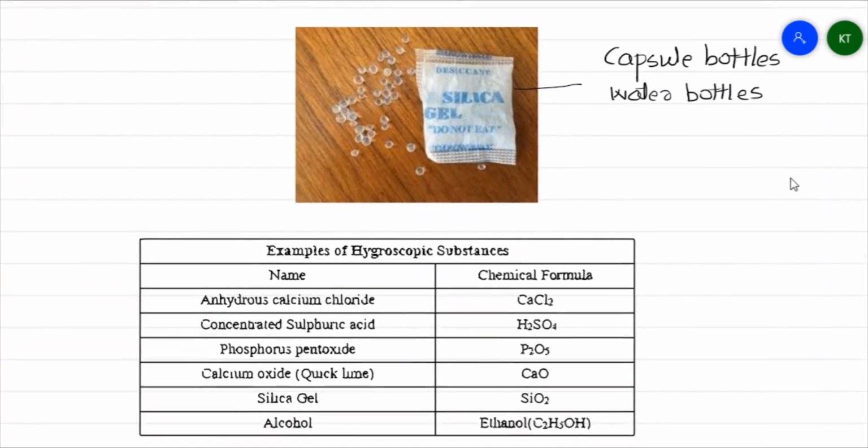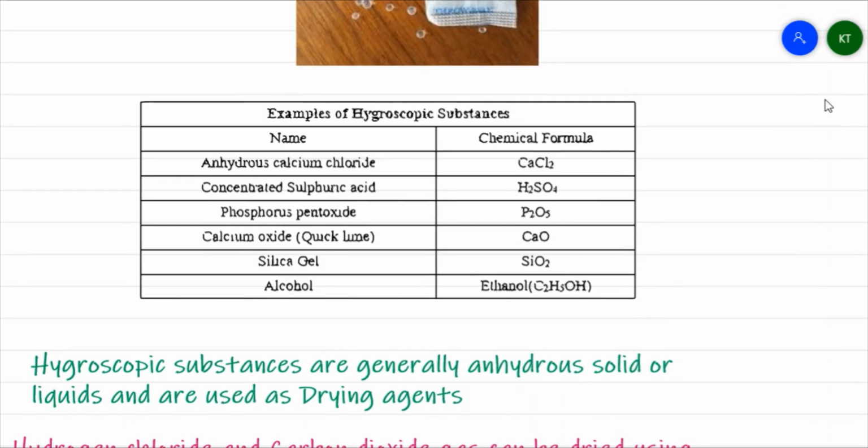Now let us see a few more examples of hygroscopic substances: anhydrous CaCl2, concentrated sulfuric acid, which is also a typical drying agent or hygroscopic substance, phosphorus pentoxide, calcium oxide, which is also known as quicklime, silica gel, shown above in the picture, and alcohol, typically ethanol.